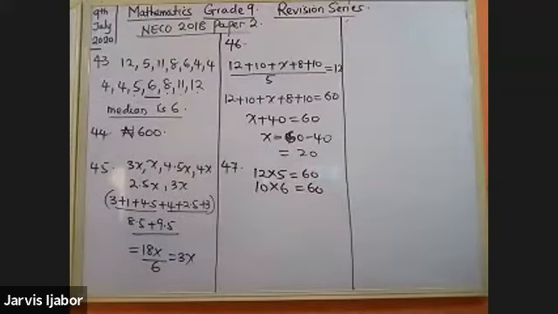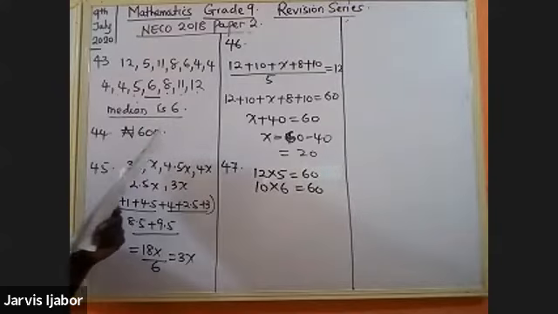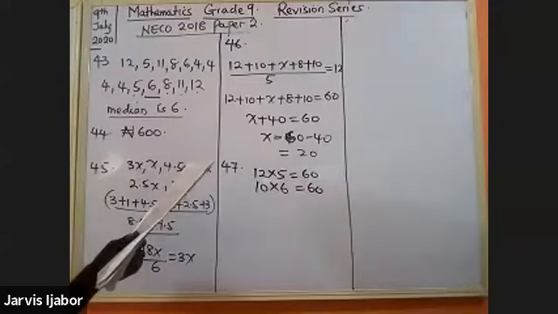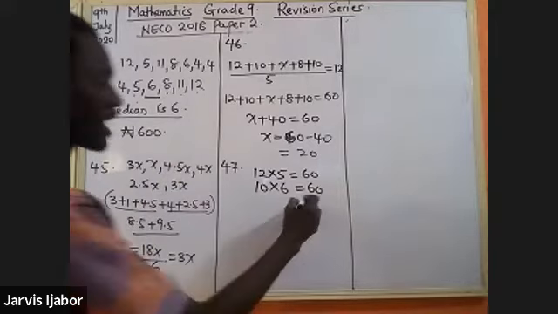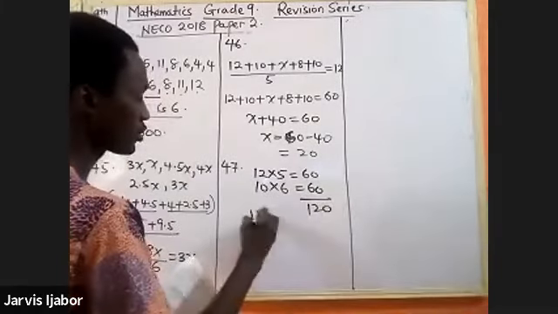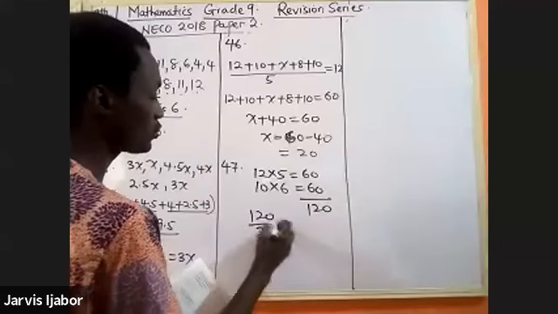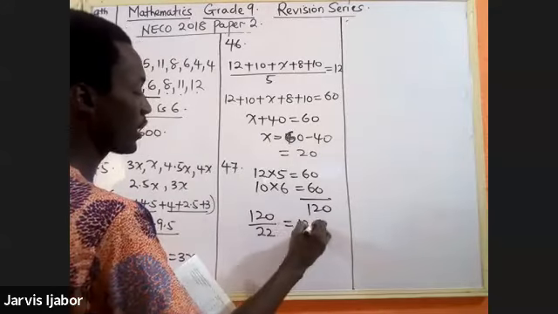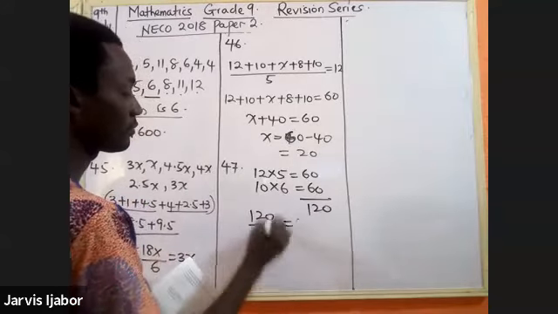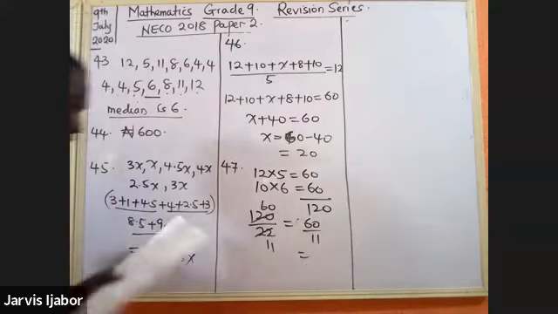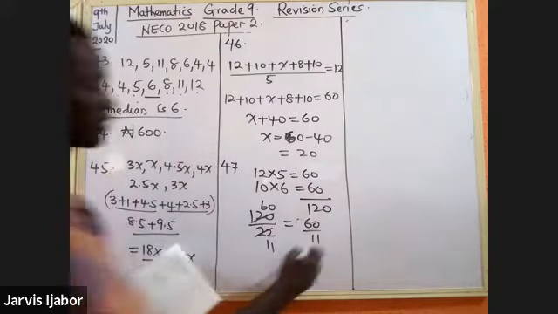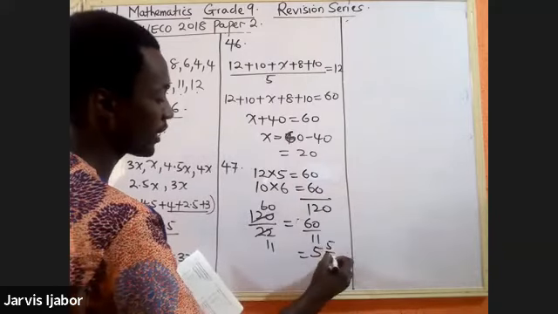Calculate the average of 22 students to the nearest whole number. So these are added to be 120. To be 120 divided by 22, which will give me 60 over 11. That will give me 5 whole number, 5 over 11.